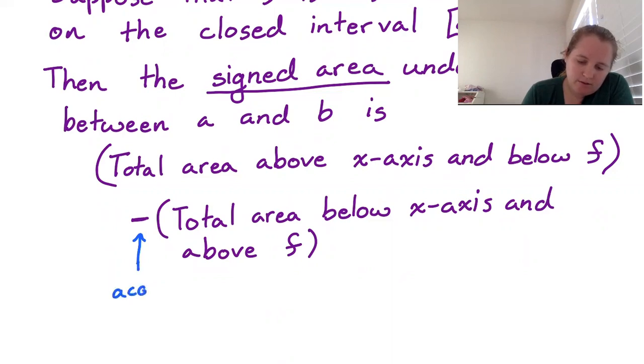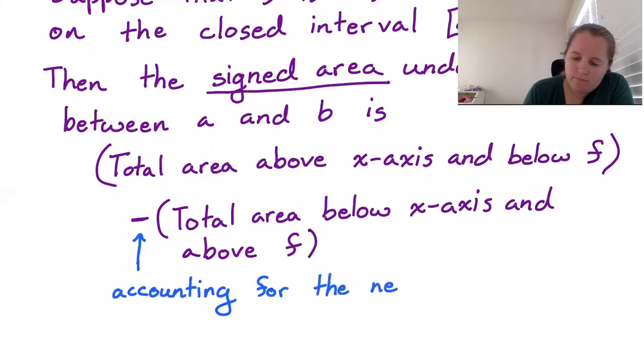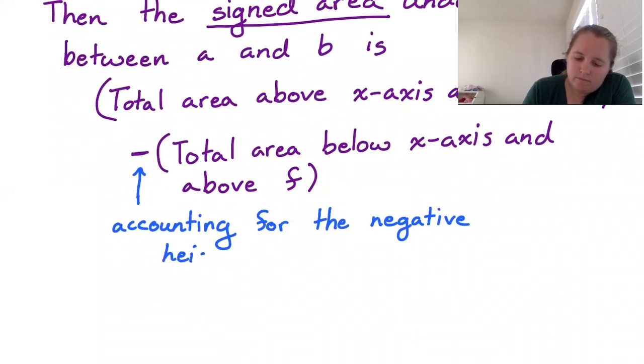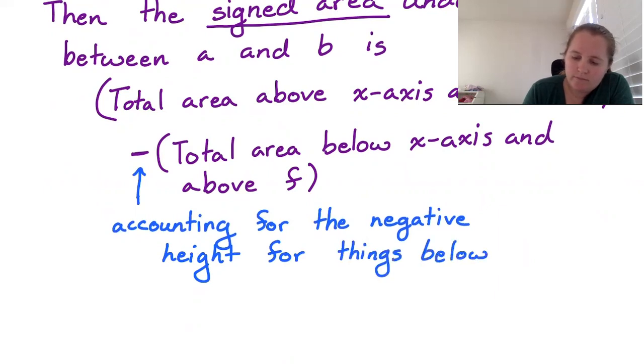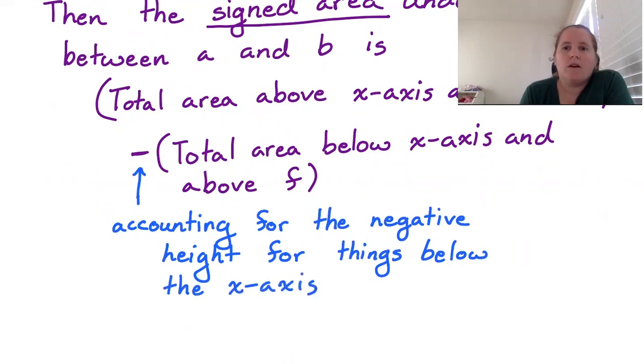So you don't have to use negative height when you're calculating the total area below the x-axis because the subtraction sign will take care of it.